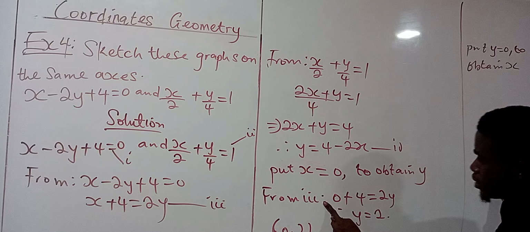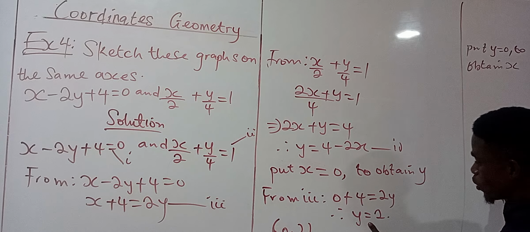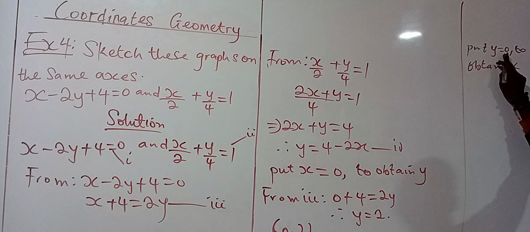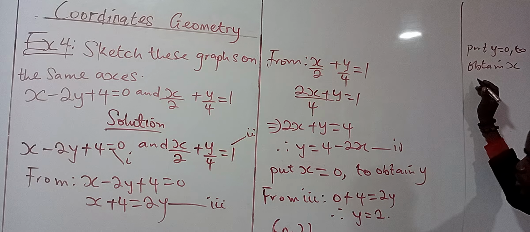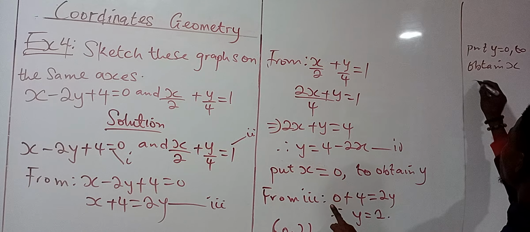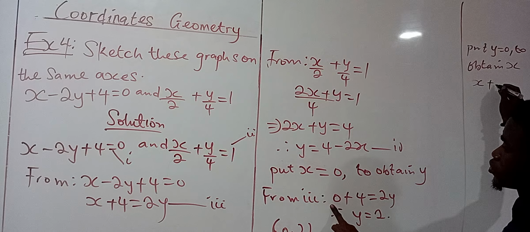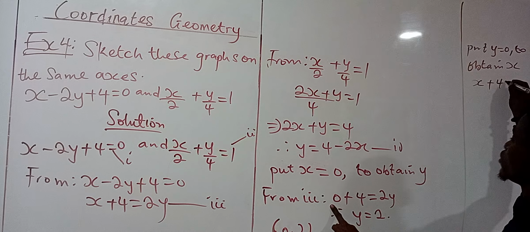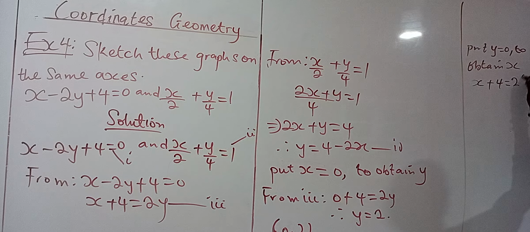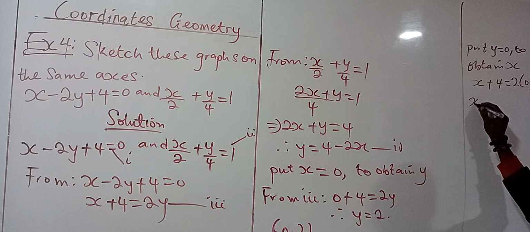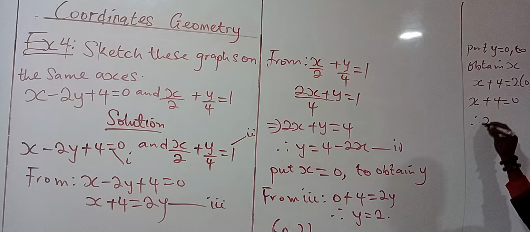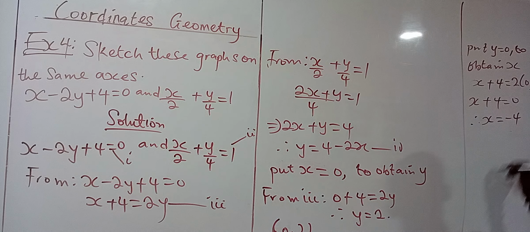Now we put x to be 0 here, then we obtain y as 2. Now we put y to be 0 to obtain x. So in this case, we are going to have x plus 4 equals 2 bracket 0. So this will give us x plus 4 equal to 0. Therefore, our x is minus 4.